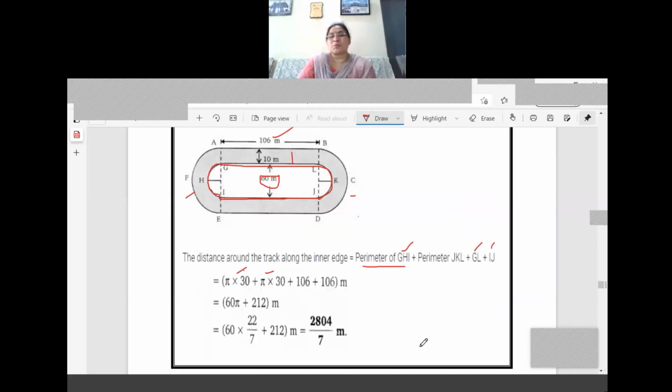Since it is in terms of pi, you get the answer 2804 by 7 meter. So from the diagram it is clear, the perimeter of the inner track is two semicircles plus the lengths of the rectangle, 106 and 106. We added and got 2804 by 7 meter. If you get confused after uploading the video, you can go through the diagram once again and make it clear.